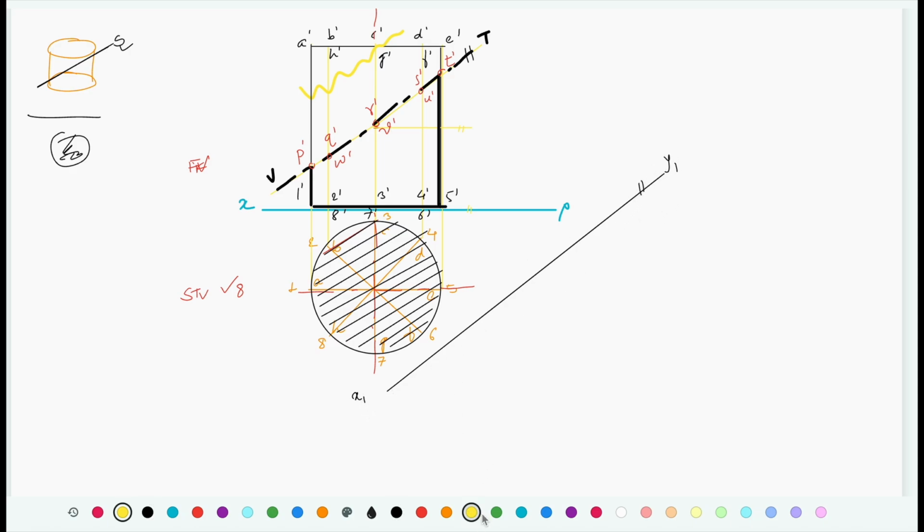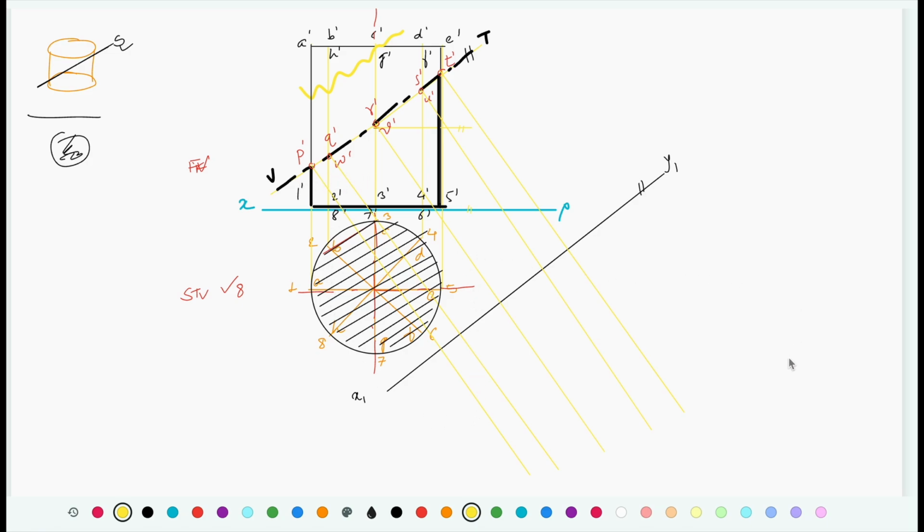Once you locate that auxiliary reference plane X1, Y1, draw projections from all the intersection points that you have located in a front view. The projectors must be perpendicular to the cutting plane. The projectors that I am drawing from that individual point, those are perpendicular to the cutting plane VT.